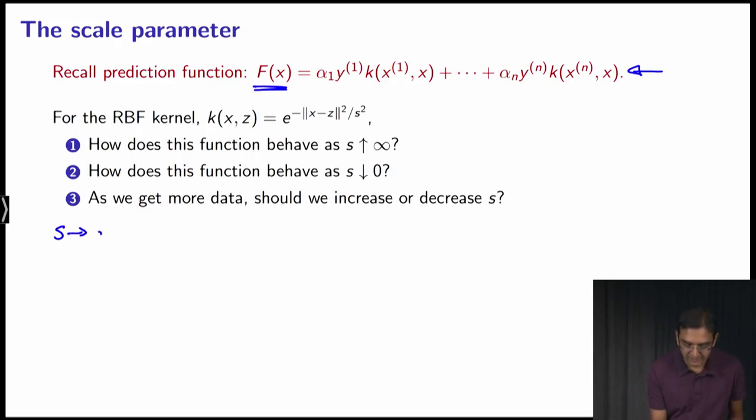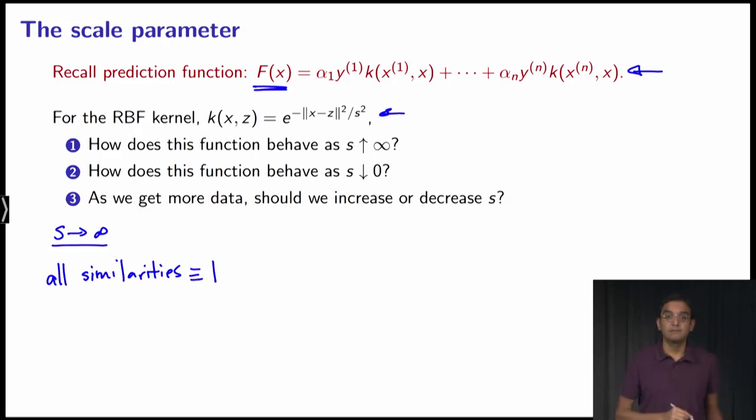So let's see what happens first as s goes to infinity. Well, we're dividing by infinity, which means that exponent basically goes to 0. So all similarities become the same. They all become equal to 1. So all similarities become identically 1. And that means, looking at the formula for f, that it will return the same answer for every point x.